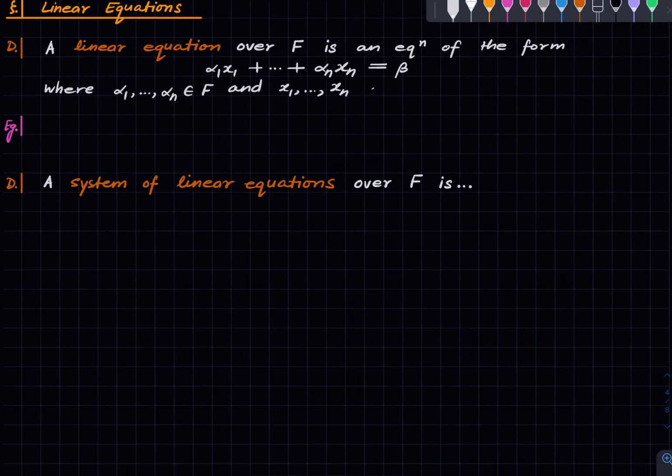You may call them variables. And in this list, beta is also there. So these are some fixed things from the field F, and these are our unknowns.